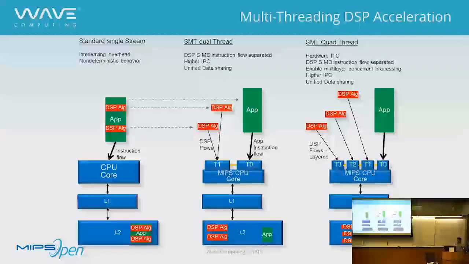You can take it even further and add additional threads. In this case, you get more and more throughput because you're taking advantage of multi-threading, and those threads are assigned to a DSP algorithm. Maybe one is a conv 3x3, one is a convolution 7x7, or a filter or other algorithms.